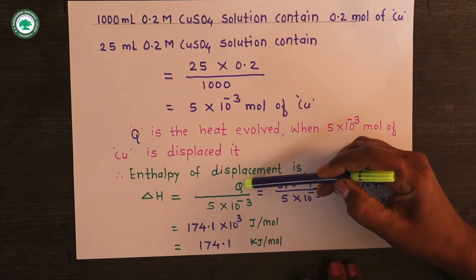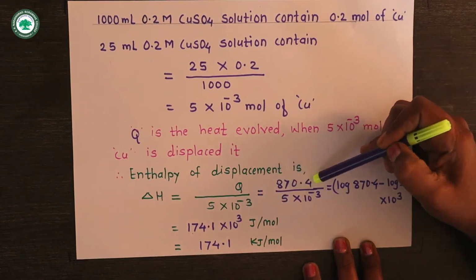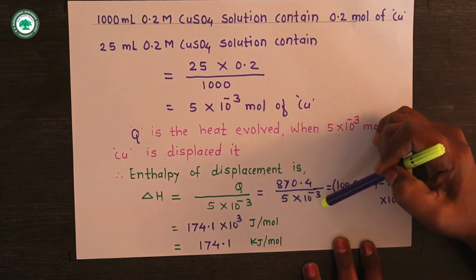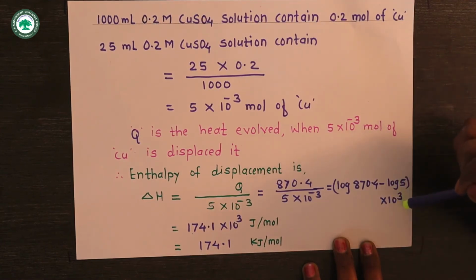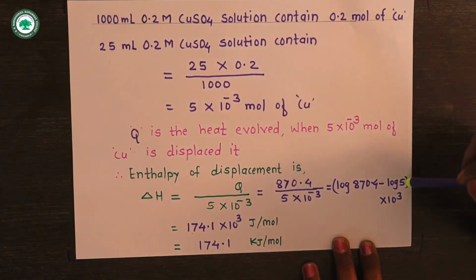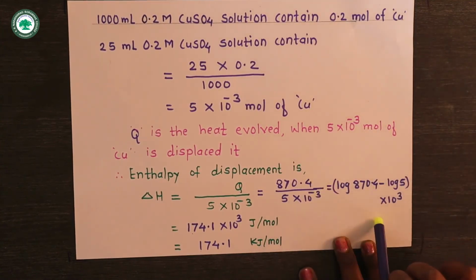Now the value of Q that we have obtained in terms of joule is found to be 870.4 divided by 5 into 10 raised to minus 3. This calculation also we have to do by using the logarithmic table. Here log of 870.4 minus log of 5 into 10 raised to minus 3, that will in the numerator become 10 raised to plus 3, and so by calculation we will get delta H is equal to 174.1 into 10 raised to 3 in terms of joule per mole.